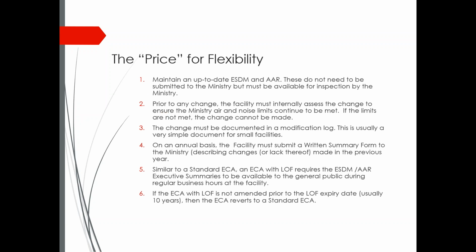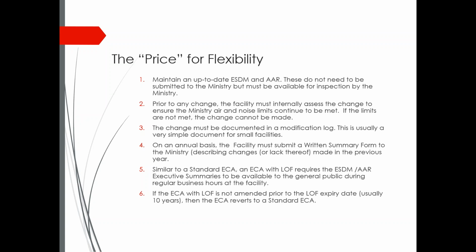So what's the price for this flexibility? For an ECA with LOF, you have to maintain an up-to-date ESDM and AAR. These do not need to be submitted to the MOE, but they have to be available for any ministry inspections.